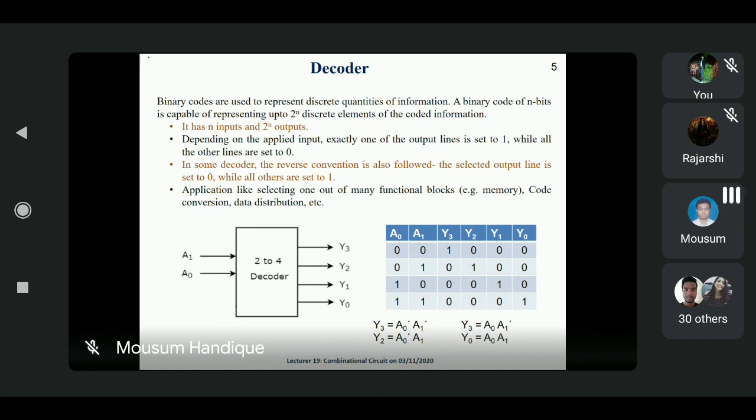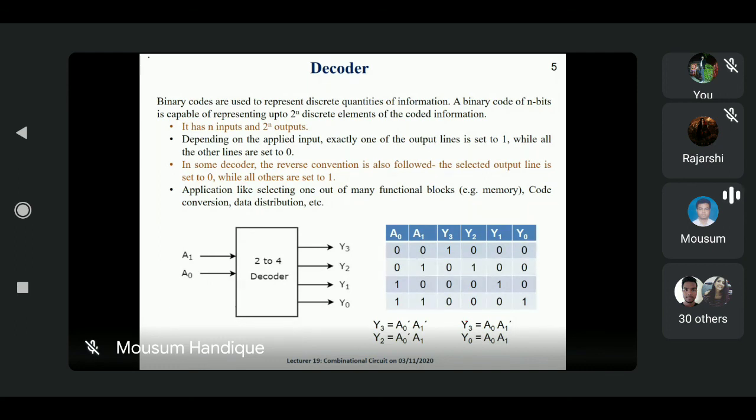The decoder is used in code conversion, data distribution, or as a functional block of memories, so we use the decoder in different types of applications. At first, what is a decoder? A binary code of n bits is capable of representing up to 2 to the power n discrete elements of the code information. That is the general observation from digital circuits.